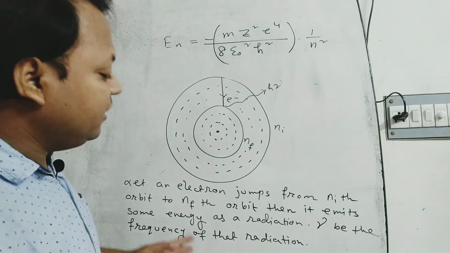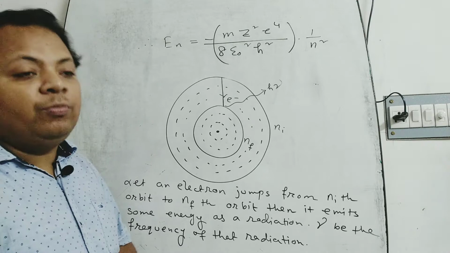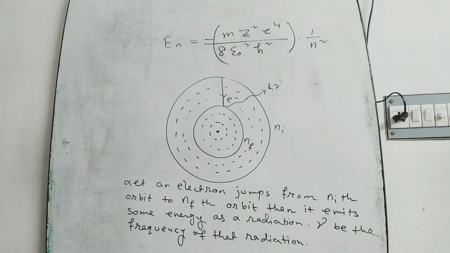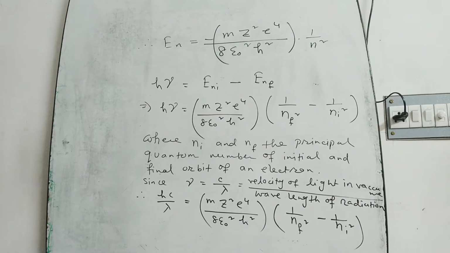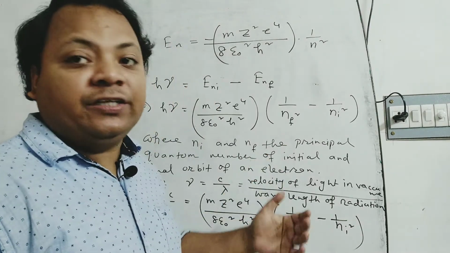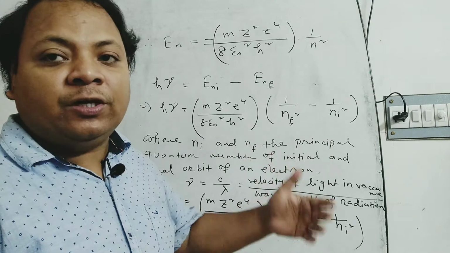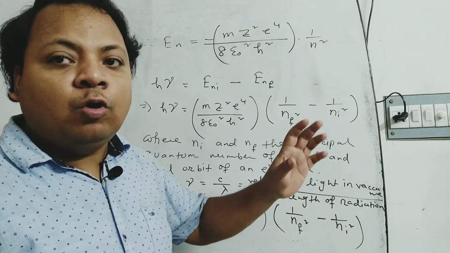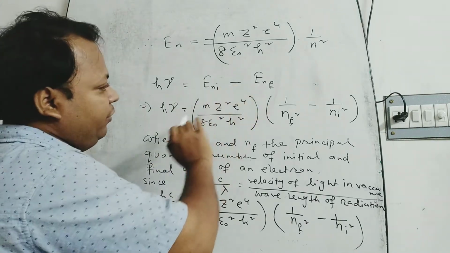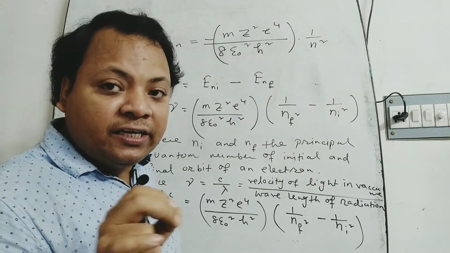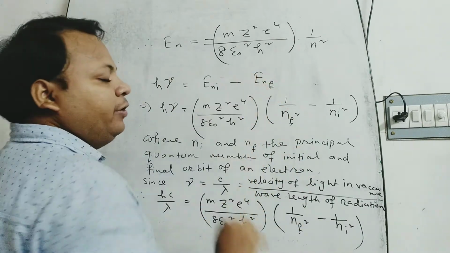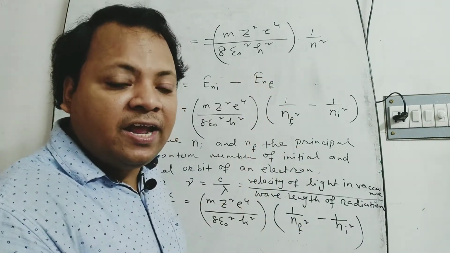Now we can easily find the expression for the frequency of that radiation. h nu is equal to the energy difference of the electron between the two orbits, that is, h nu is equal to Eni minus Enf. Here Eni denotes the energy of that electron in the initial orbit, and Enf denotes the energy of that electron in the final orbit.